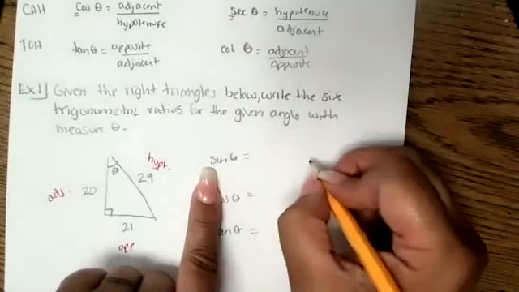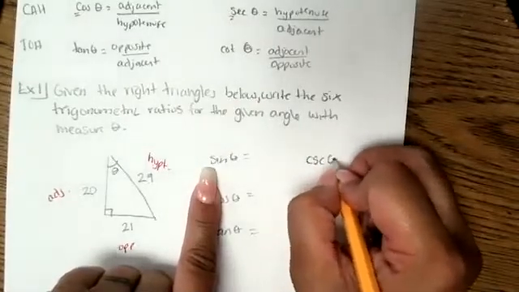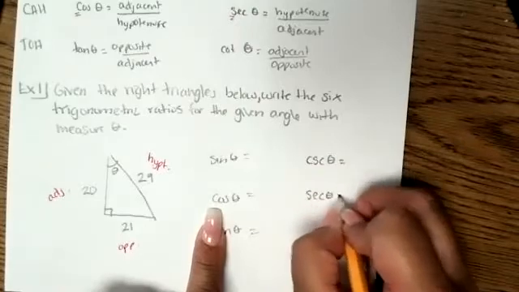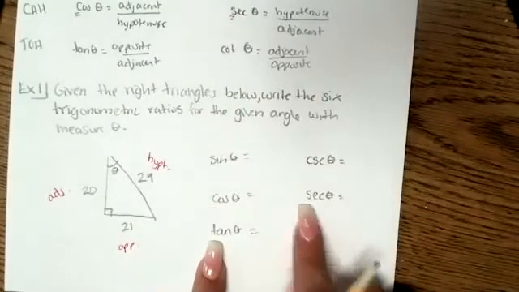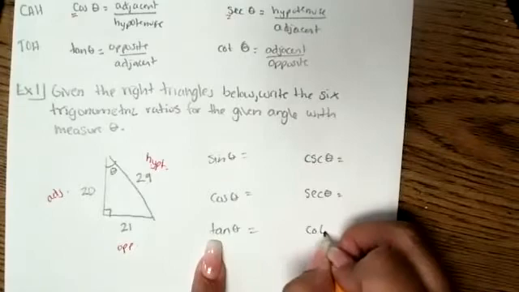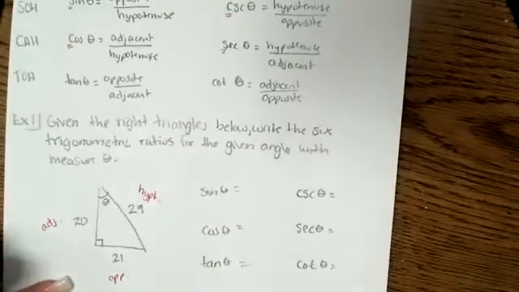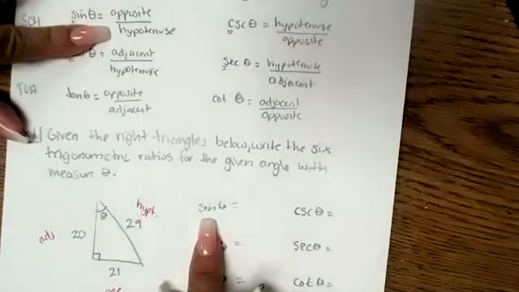The reciprocal of sine is going to be the cosecant. The reciprocal of cosine is going to be secant, because remember the first letters don't match. And then tangent is going to be cotangent. Sine stands for opposite over hypotenuse.